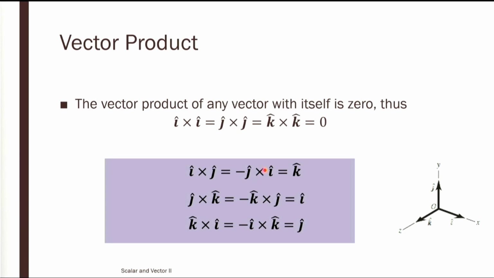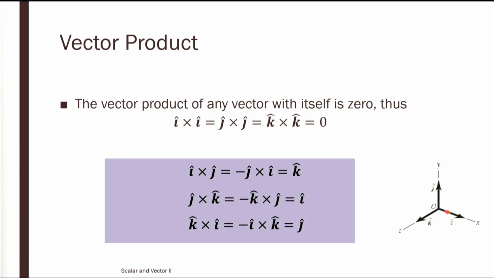So how do we use our right hand rule? Let's say, for example, I want to get i cross j. I'm going to place my fingers along i, and for me to be able to sweep towards j, my thumb has to point up.